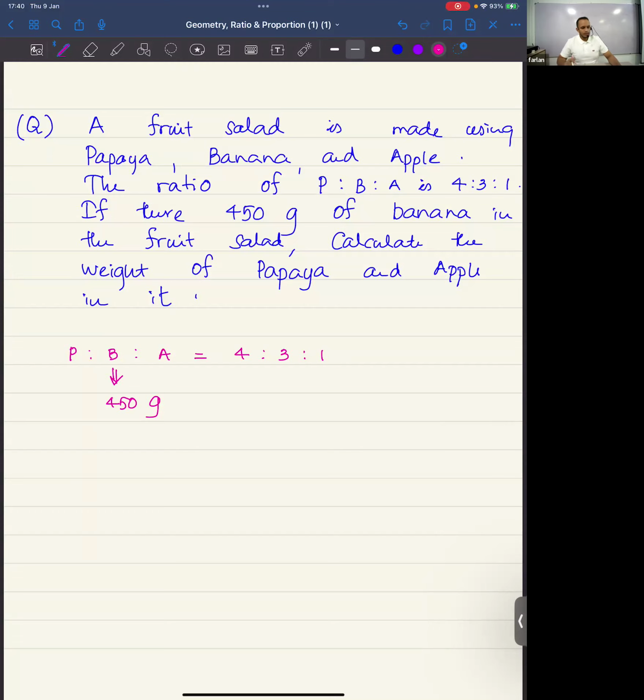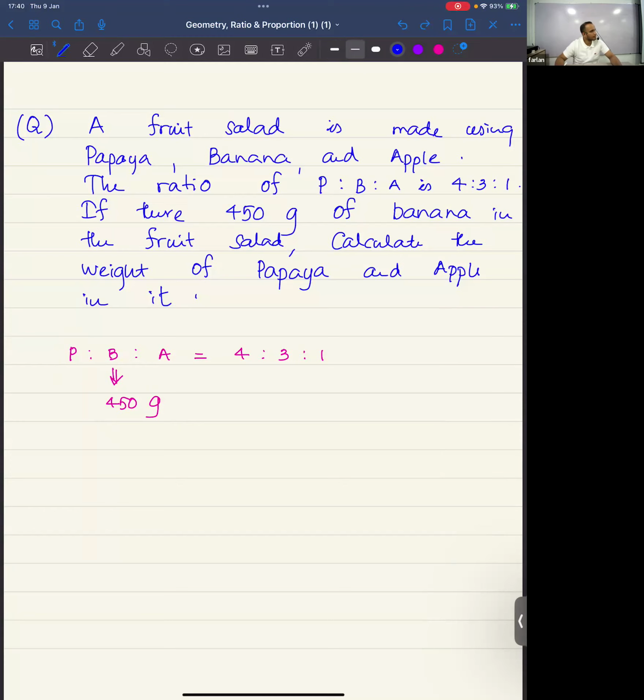Right, guys, now stop your work and listen to me carefully. Either you have done it or not, listen to me carefully. This would be the easiest method of doing this. Now, see guys, papaya 4 portions, banana 3 portions, apple 1 portion. This is what we have. For that ratio, they have told the banana that we have is 450 grams.